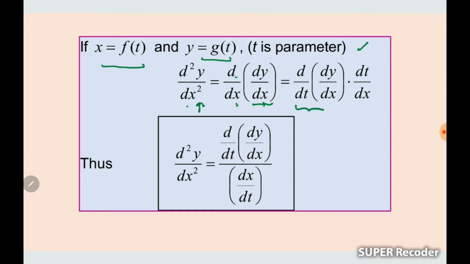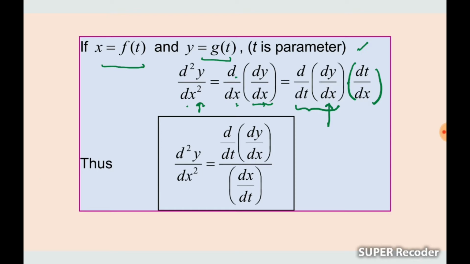So it is actually equal to: you have to differentiate the first derivative, that is dy/dx, with respect to t. Then you have to multiply with dt/dx. So you have two things to be considered here.